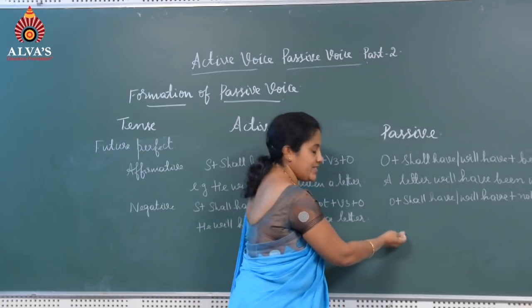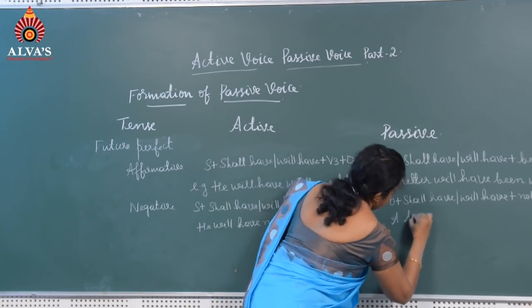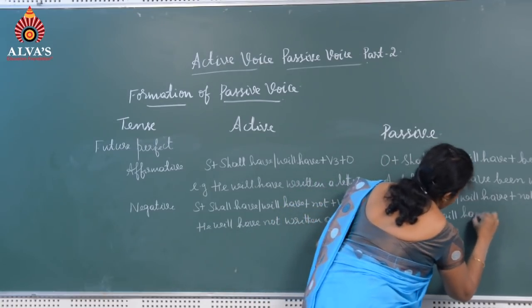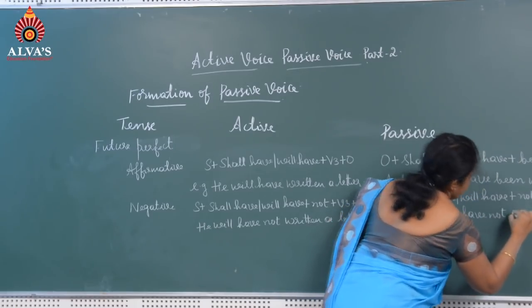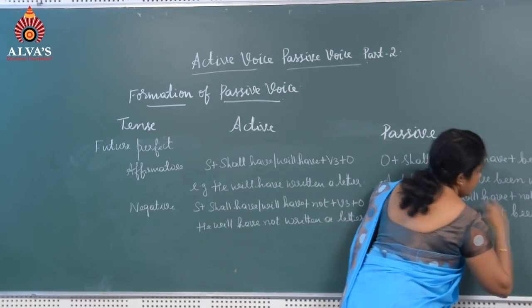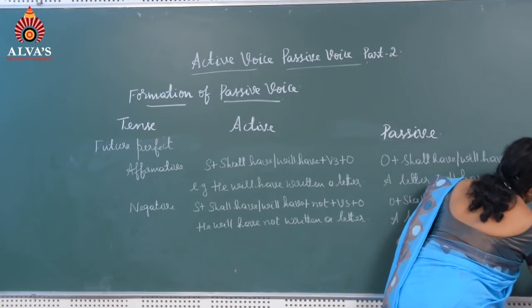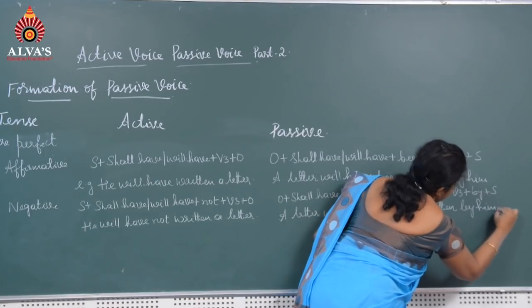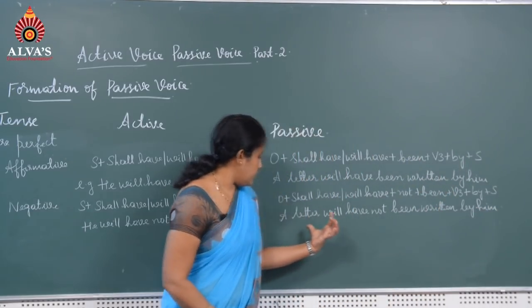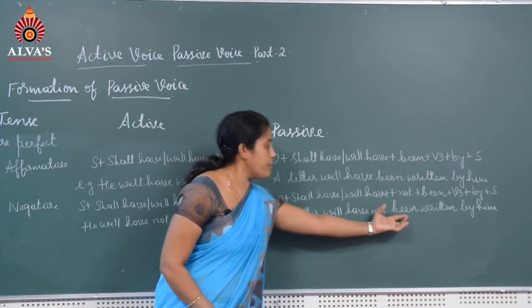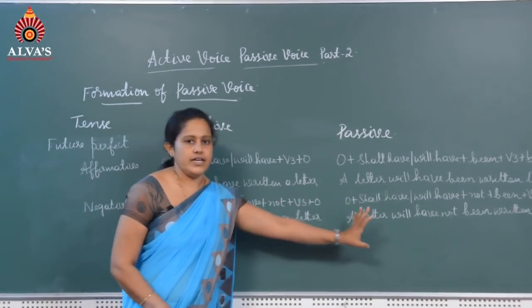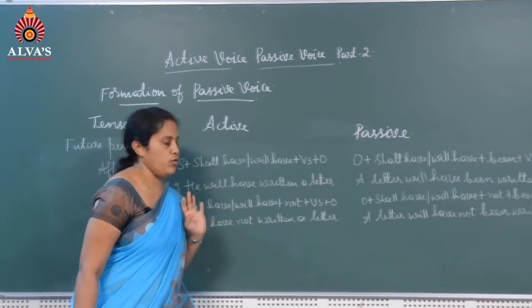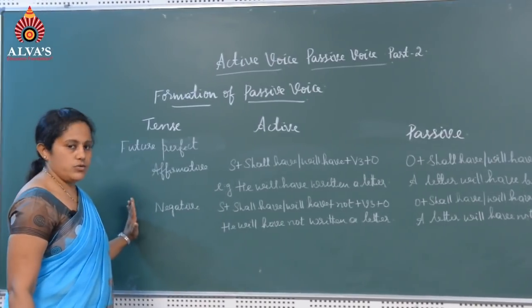When it comes to the passive voice, it becomes a letter will have not been written by him. A letter will have not been written by him. That is a future perfect negative passive voice. Okay. Now, let us go to interrogative.